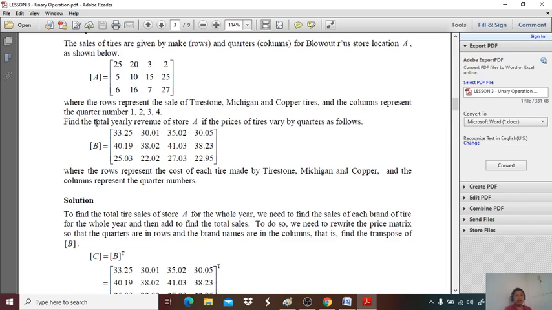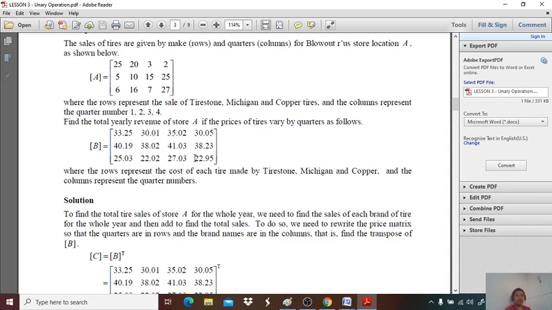The main objective here is to find the total revenue. And we know that in the given B, the prices of the tires vary per quarter, meaning they are different in each quarter. So we have to multiply each term: the first quarter by the first quarter, then the second quarter by the second quarter. That is a normal computation in solving the total revenue.